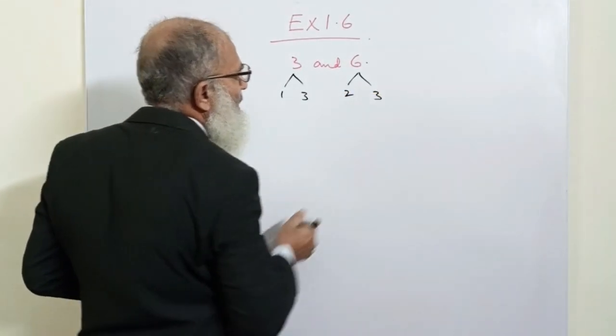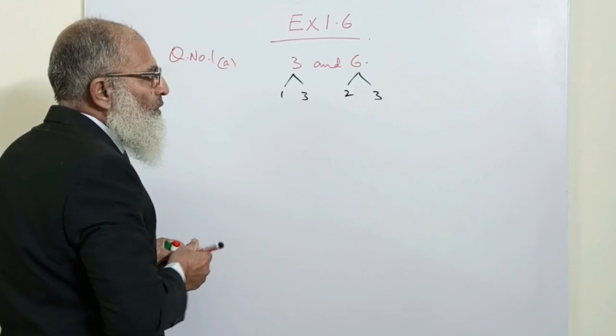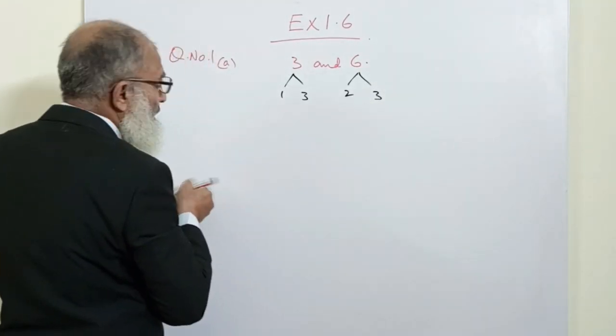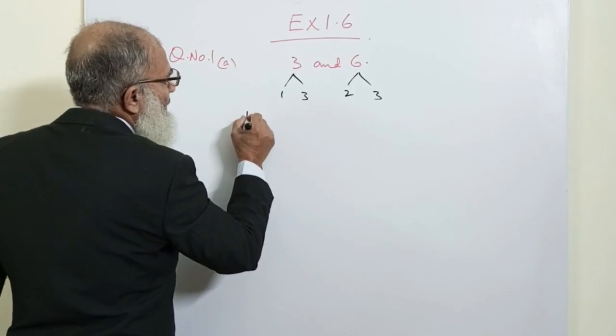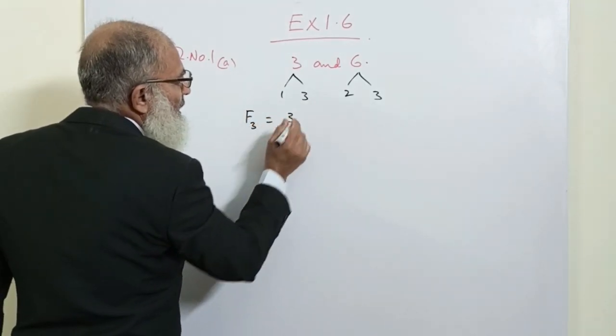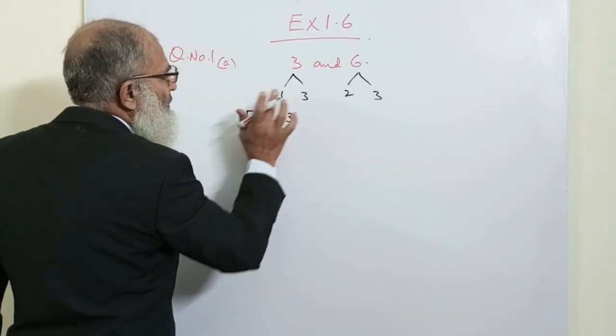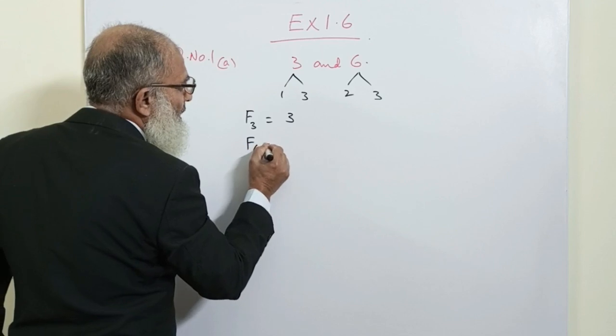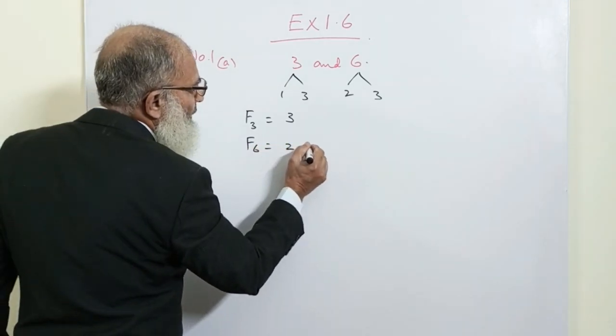So what we write here is F3 is equal to 3 only. I don't have to write this one. And for F6, I write here 2 and 3.